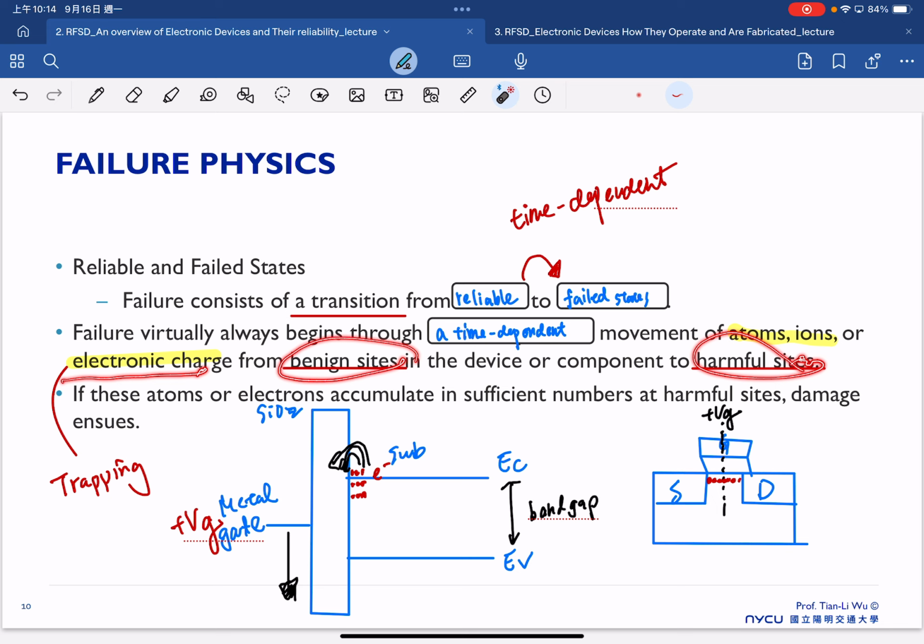So in this case, if the electrons only stay in the channel, we can consider this a benign place. But the problem is that our dielectric is not always perfect. We have so many defects inside this dielectric. So these are the defects.